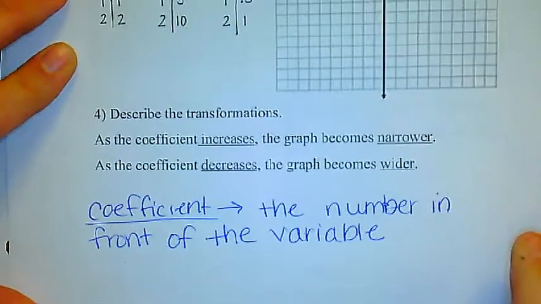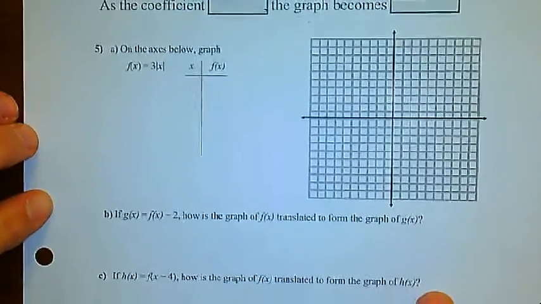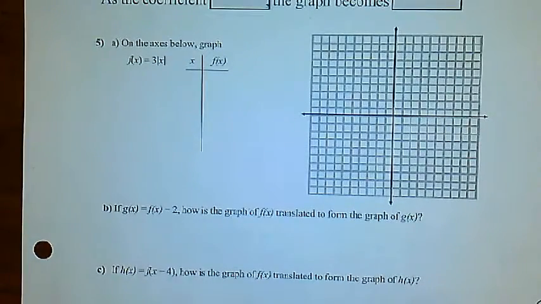As that number increases, the graph becomes narrower. As the coefficient decreases, the graph gets wider. Okay, so let's look at our next one.